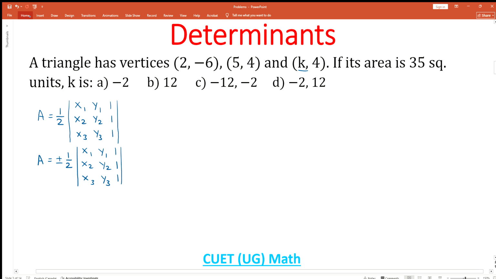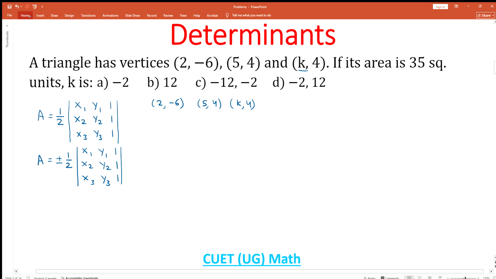The first step is to evaluate the determinant of the 3 by 3 matrix. We are given the vertices (2, -6), (5, 4), (k, 4).